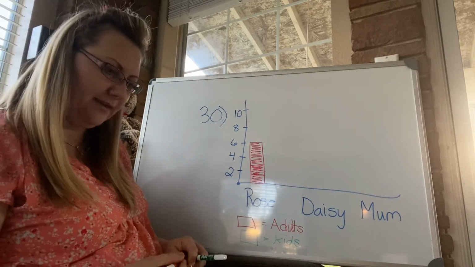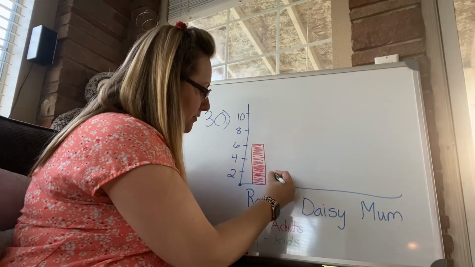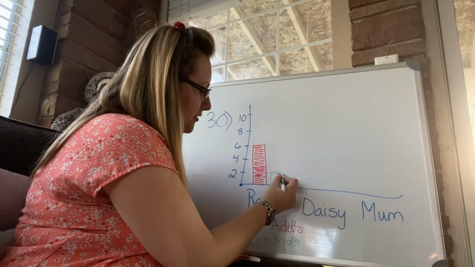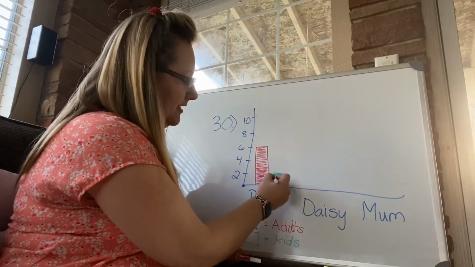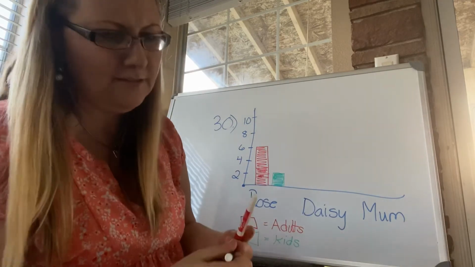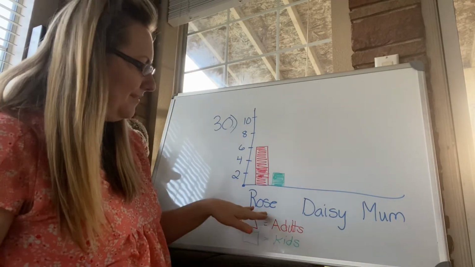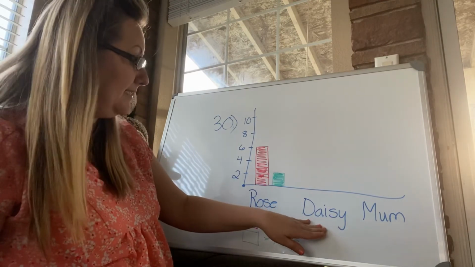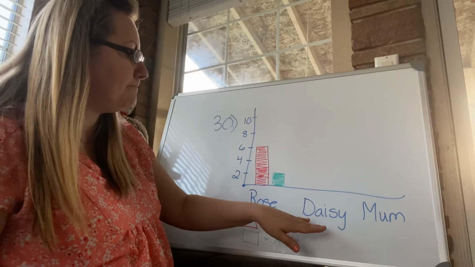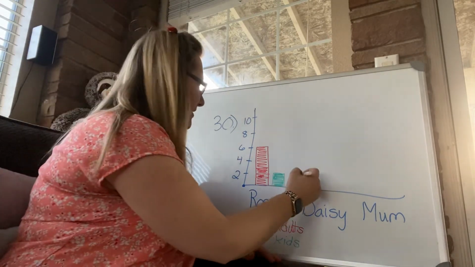So how many kids like roses? 2. 2 kids like roses. So above roses, we're just going to draw 2 kids. I could just hear Rose saying, "Aw, we love you, Rose." And we do love roses. Roses are beautiful. Daisies. How many adults like daisies? 4 adults like daisies.